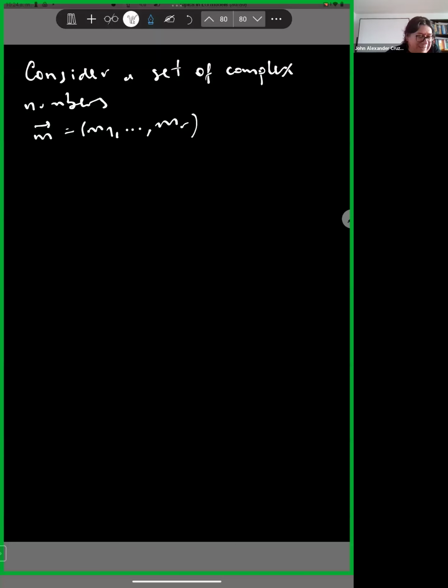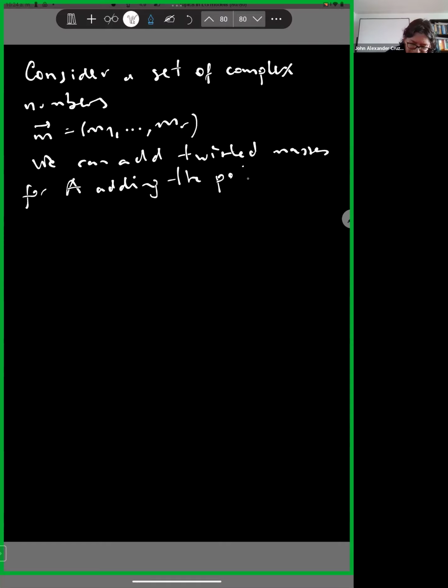So we consider this set, so we can add twisted masses for A, adding the following potential, we call it L_M, the absolute value of the sum over i from 1 to R of m_i v_i, squared.